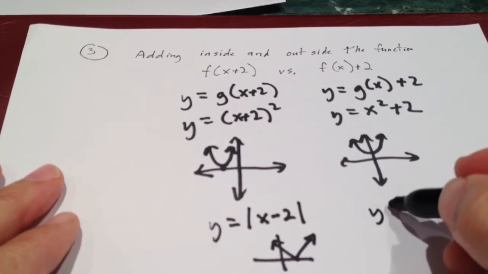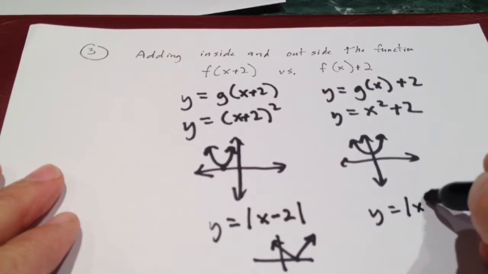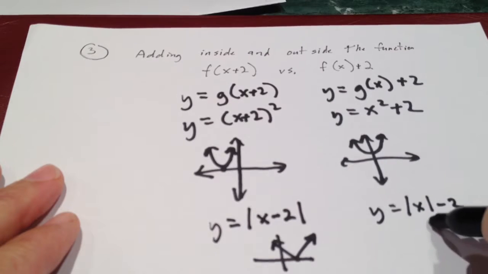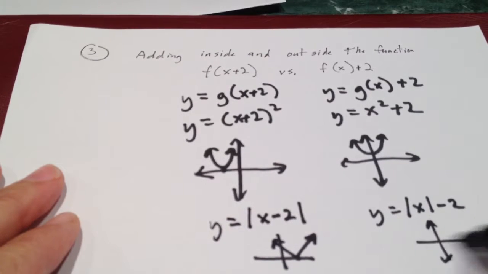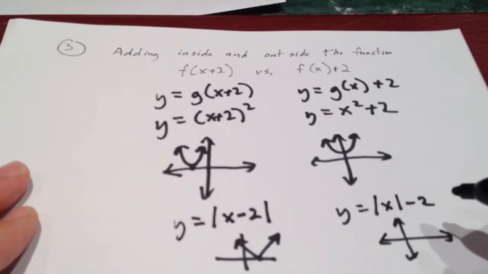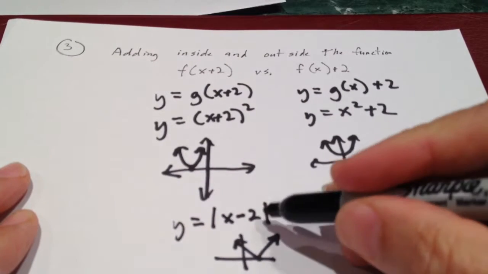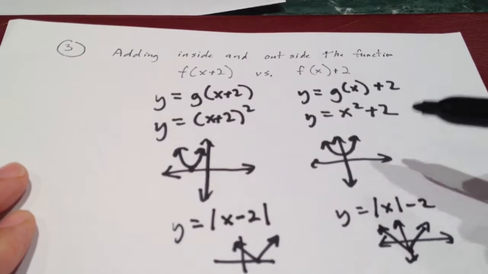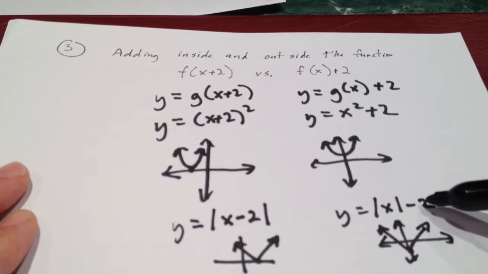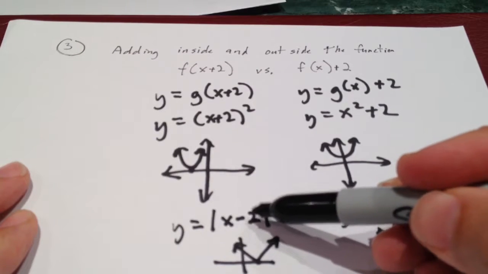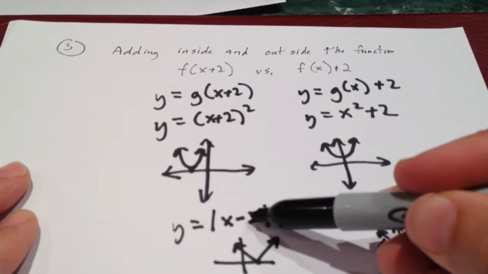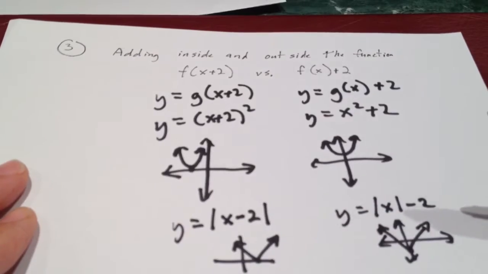And if I did y equals the absolute value of x, minus 2 on the outside, that would actually take that parent function that we had and it would shift it down. Okay? And what we often say is the outside of the function is intuitive because it moves where you think it's going to move, and inside the function, it's counterintuitive. Minus 2 actually results in a plus 2 shift.